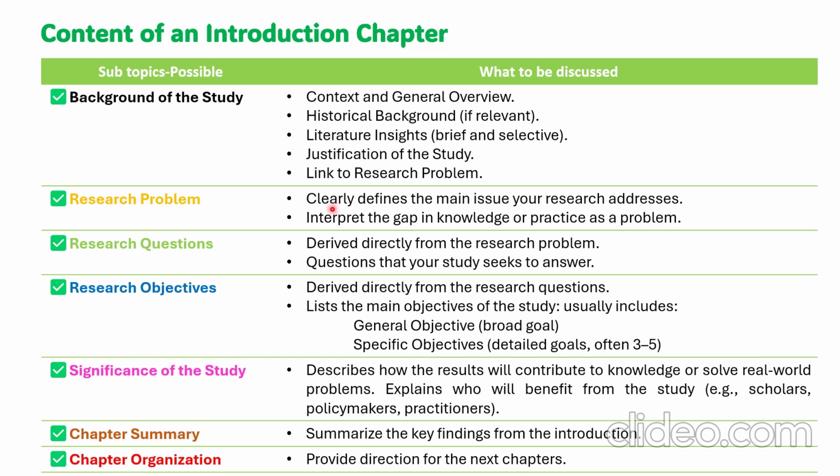Here it says it clearly defines the main issue your research addresses. You need to specifically tell about your research problem, interpreting the gap in knowledge or practice as a problem. It should be one or two paragraphs, but it should be very specific. Once the reader reads your problem, he or she should understand it as a research problem.